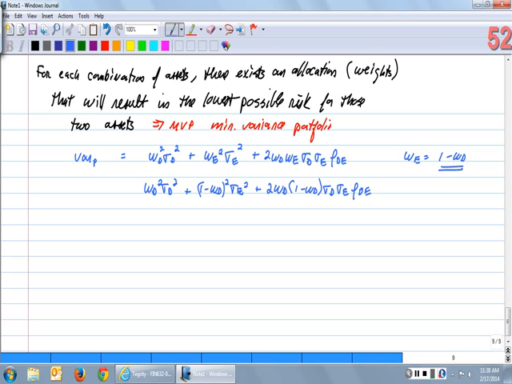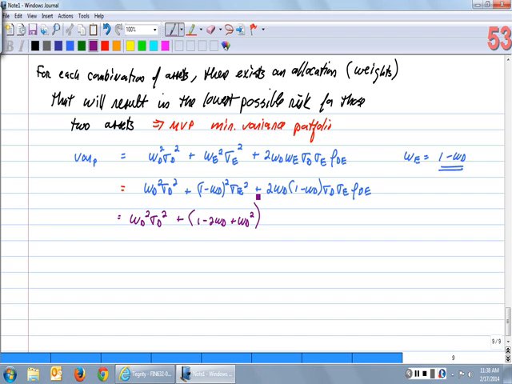Okay, continuing to expand, I'm going to take this 1 minus WD that's squared here and use the FOIL method to extend that. I'll change colors here just for a little variety. WD squared sigma D squared plus, this is going to give me 1 minus 2WD plus WD squared.